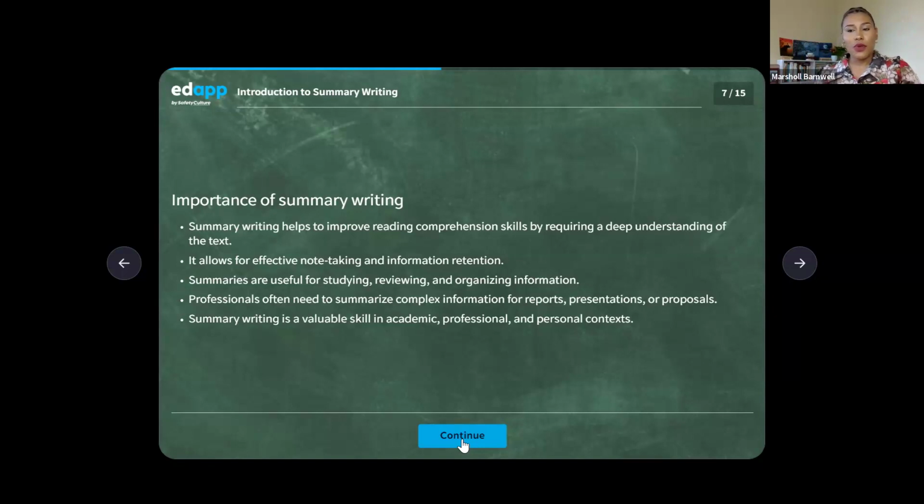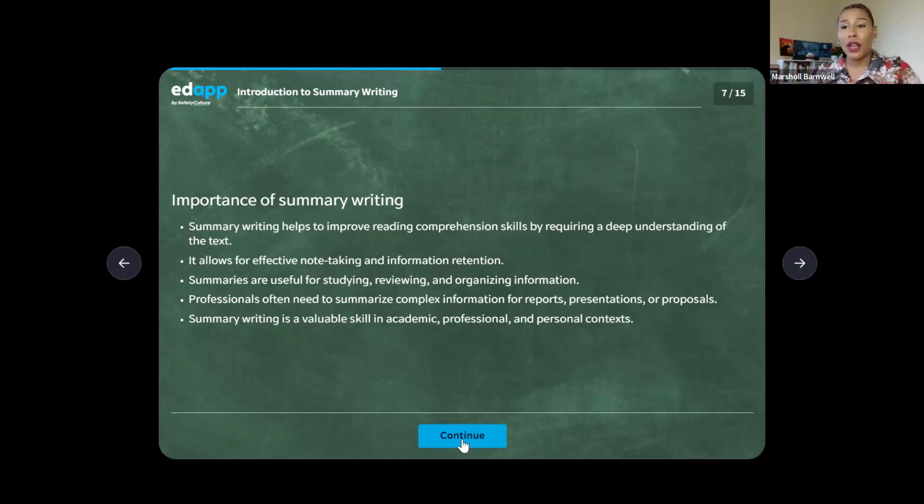It allows for effective note-taking and information retention. So for those of you who are struggling with taking notes, you rely on the teacher's every word as the teacher speaks to write your notes. You're studying and you have to write out essays, lengthy sentences on your flashcards so that you can remember.